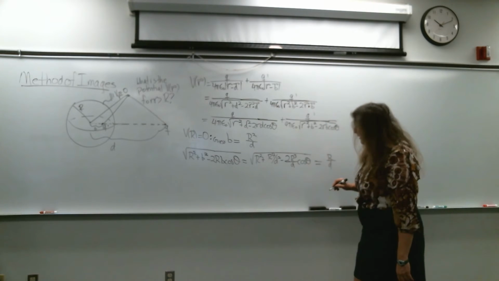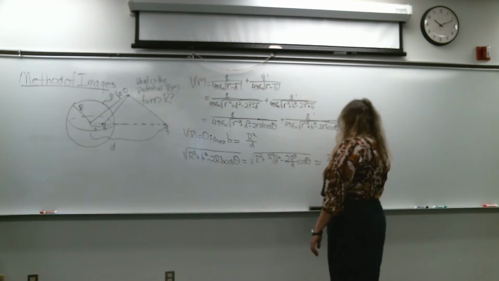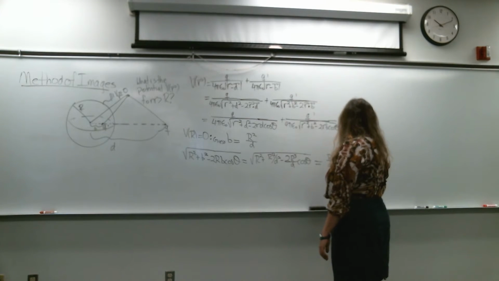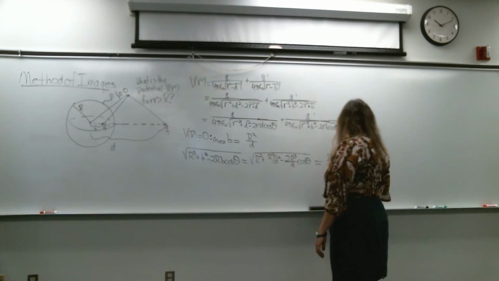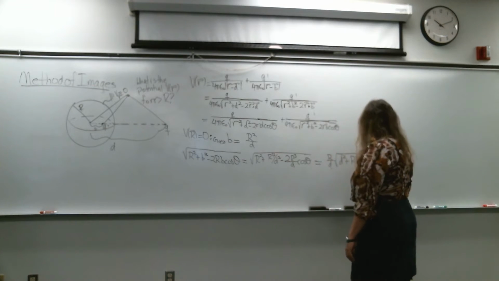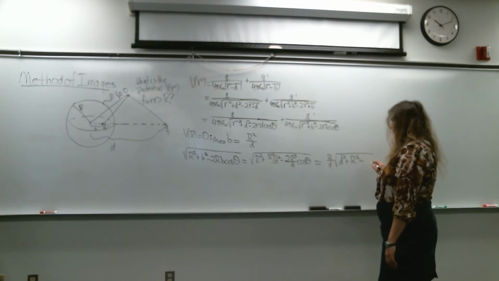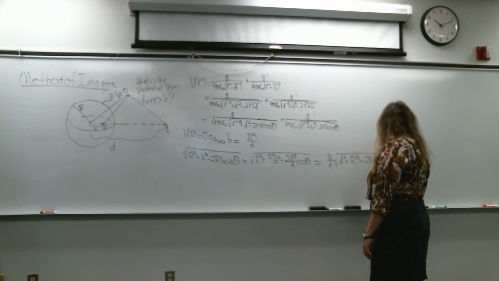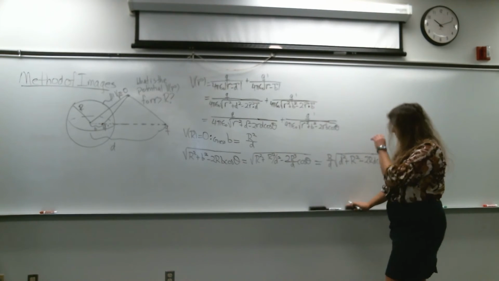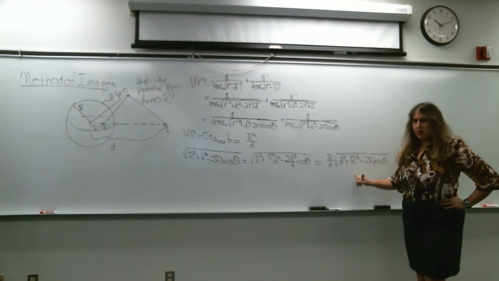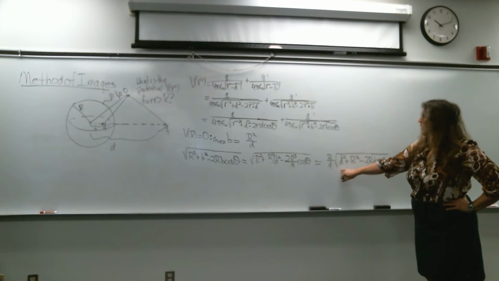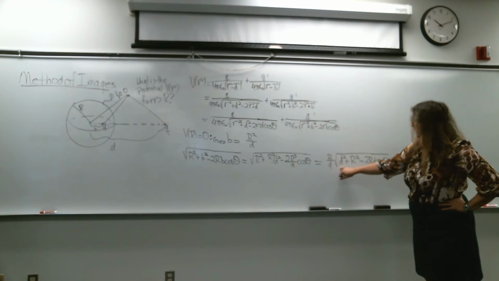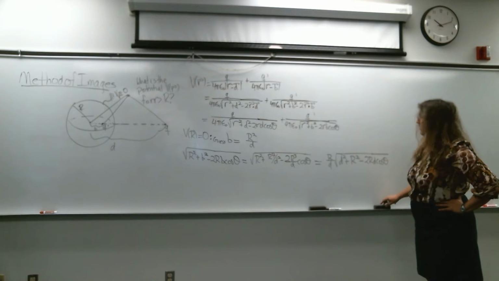Now we just pull R over d out of each of these terms. I wind up with R over d times the square root of d squared plus R squared minus 2Rd cosine theta.